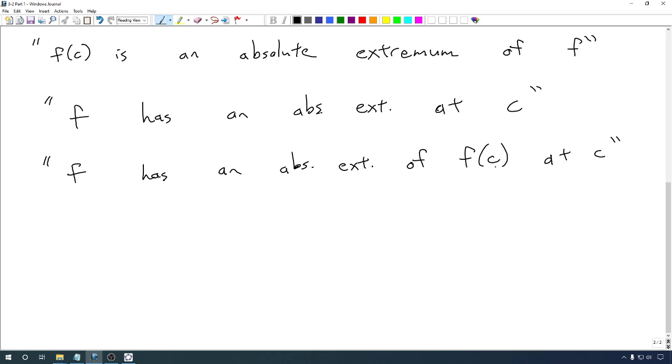So we can say f has an absolute maximum of 2 at x equals 1. Something like that. But it is not correct to say that c is the absolute extrema of f. So I'm being a little bit nitpicky here, but I just want to make sure people understand the terminology.